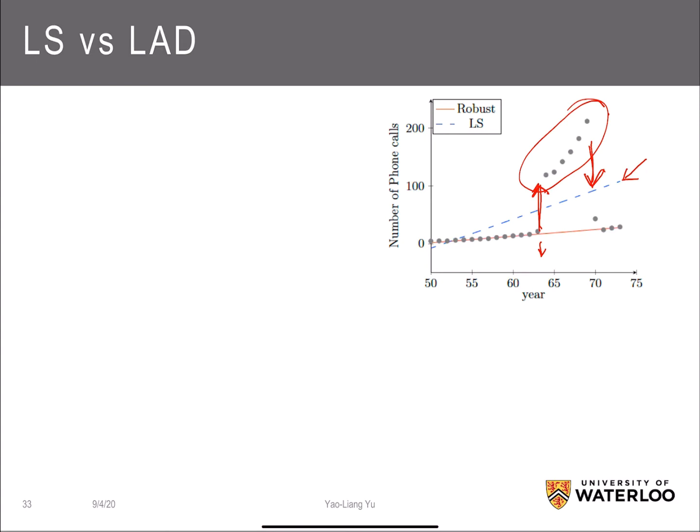On the other hand, if you use a more robust regression algorithm, it's barely affected by the outliers. In fact, even now, if you give an average data scientist a data set and ask them to fit a line, most of them will choose to use linear regression. That is not robust. And the reason most of them choose linear regression is simply that linear regression is easy to solve. We know how to solve linear regression.